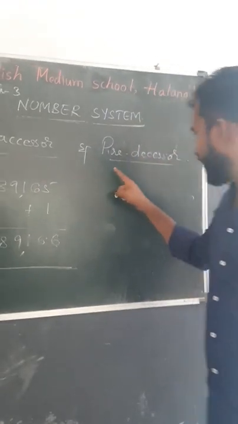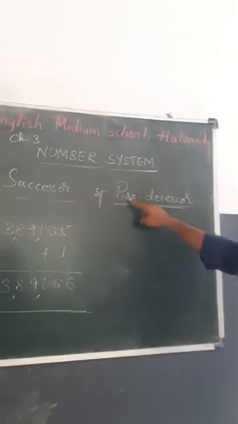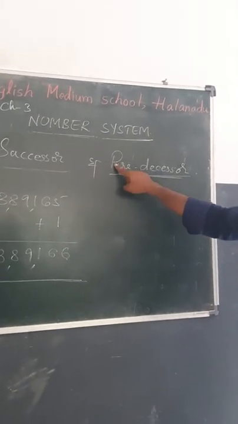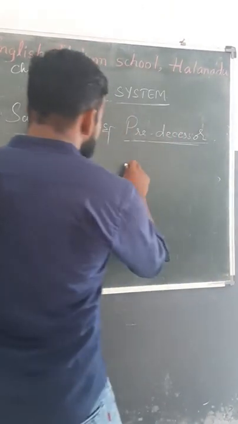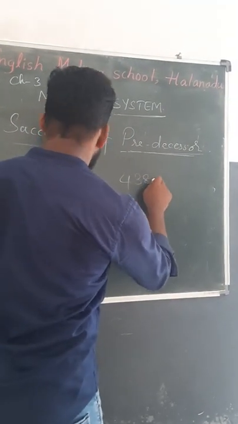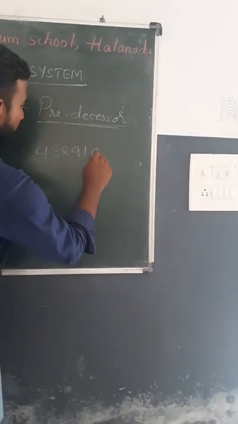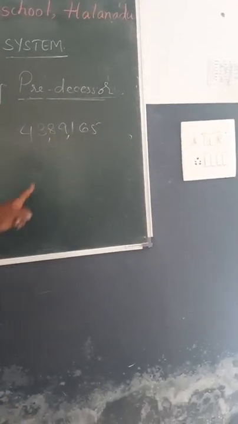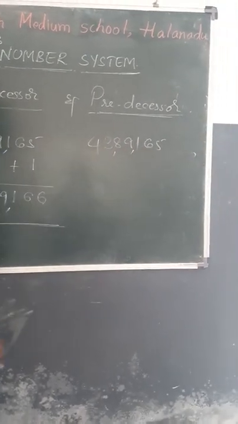In case of predecessor, pre means before. So, predecessor, same number I'm taking here. Forty-three lakh 89,165.